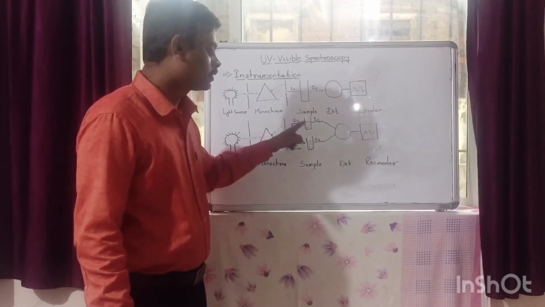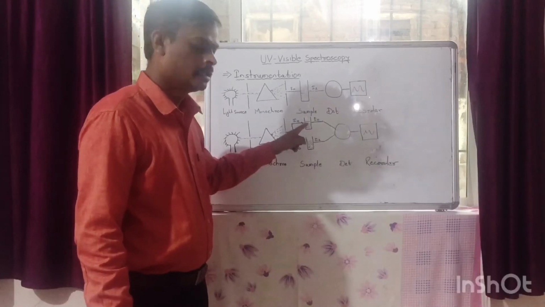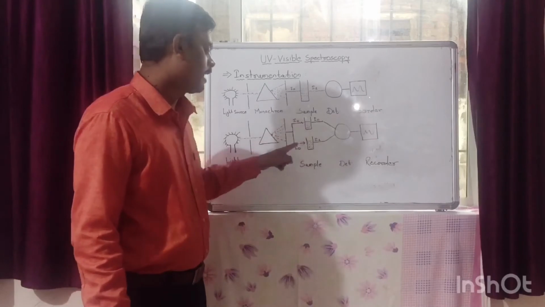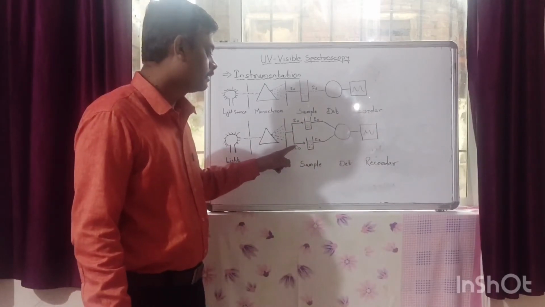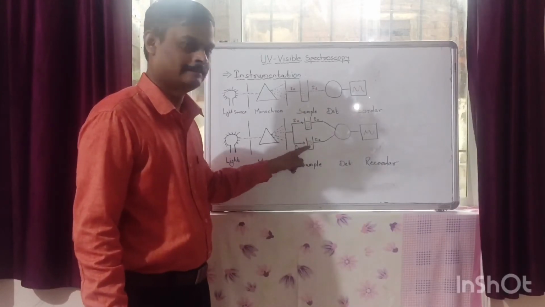One light will fall on the reference cell, usually called a blank, and the other, with intensity I0, will fall on the sample cell.